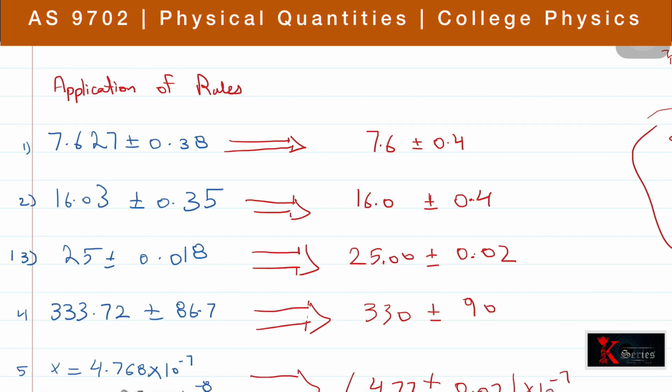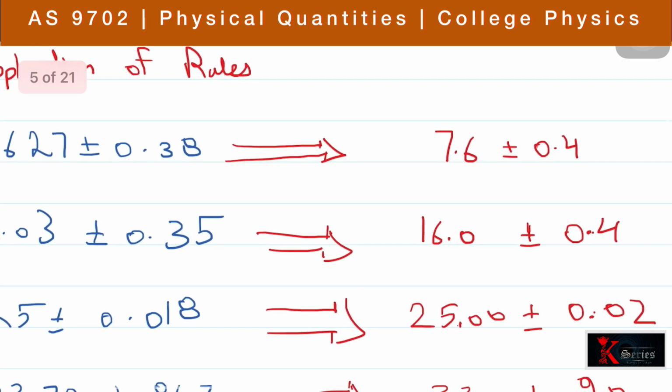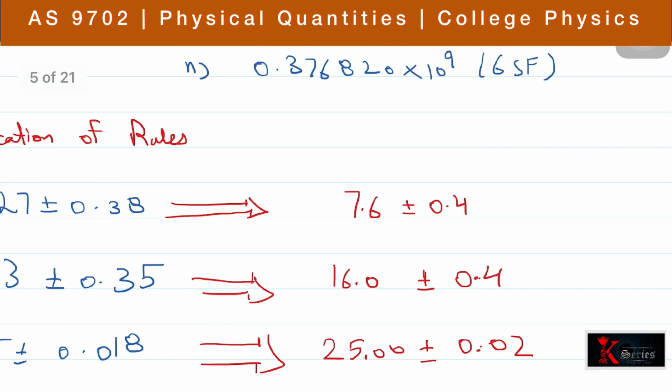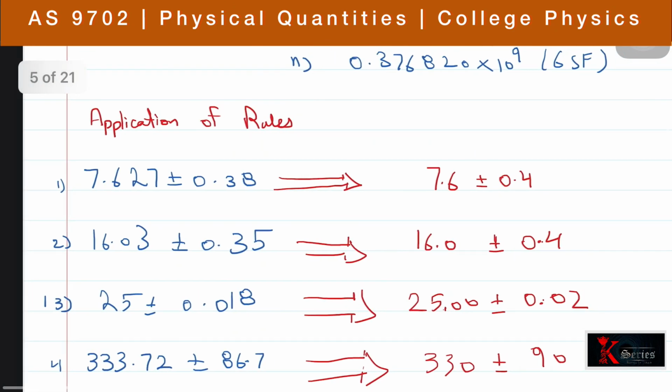So here we have certain examples. We'll take the first example, which is 7.627 plus minus 0.38. When we're quoting this value, we're going to ensure that the absolute uncertainty is written correct to one significant figure only, right? So 0.38 would become 0.4. Why? Because 38 would be rounded off to 4 in order to make sure it is written correct to one significant figure only.